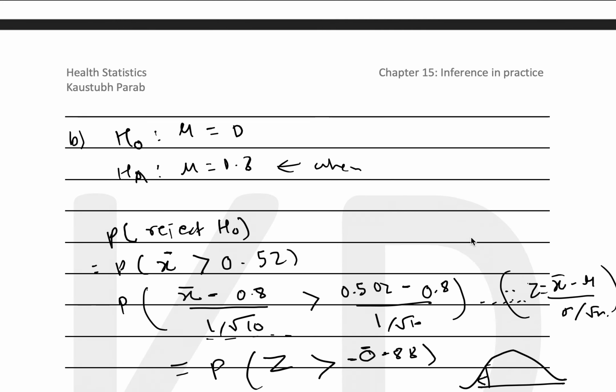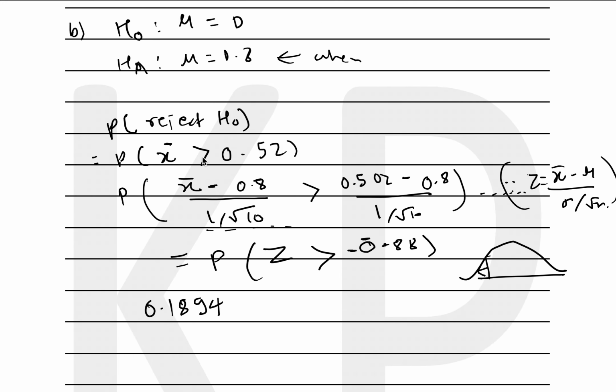But if you look at this, power is nothing but, we know that this z is negative 0.88. By table B we got this particular area probability, that's nothing but this tail area, and we want to find the probability that is greater than this negative 0.88.